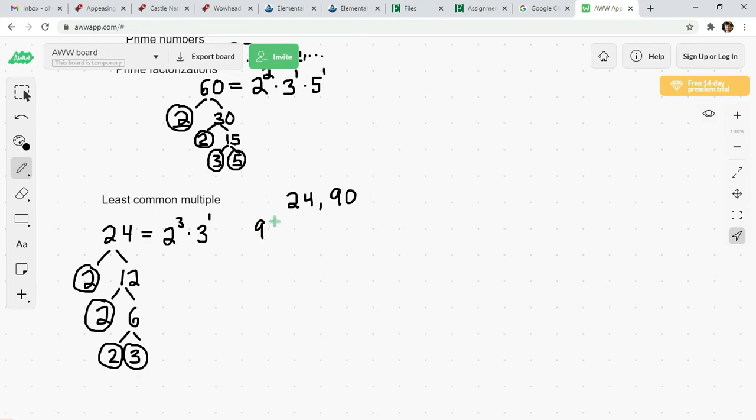Similarly, the prime factorization of 90, you can think of 90 as 2 times 45. I'm going to do it a little bit different, though, just to show you, you don't have to always pull out 2. You could do 9 times 10. Notice I don't circle either of them, though, because 9 and 10, neither of them are prime. And then 9 is 3 times 3, so I circle those because those are prime. And 10 is 2 times 5.